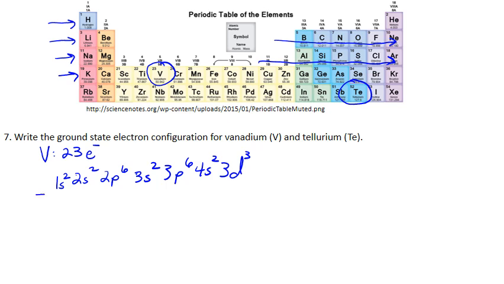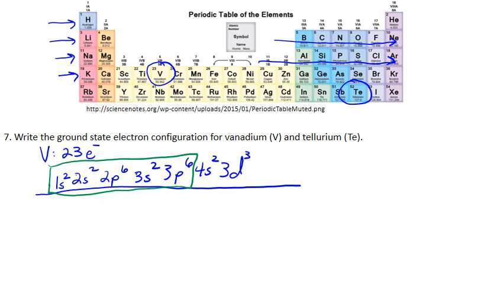Okay, now what I could do here, let me show you this real quick. Look in green. Look at the electron configuration that I've highlighted by my green box here: 1s2, 2s2, 2p6, 3s2, 3p6. That is the electron configuration of argon.